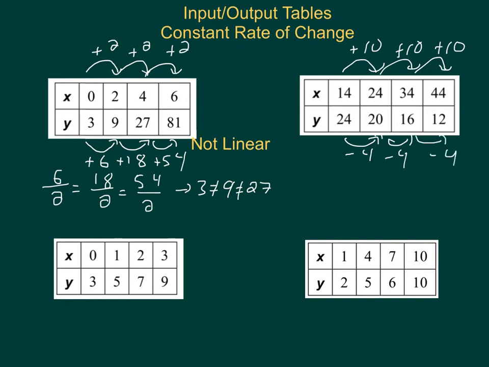So now I want to look at the rates. Again, I take the y over the x. So I'm going to do negative 4 over 10, negative 4 over 10, negative 4 over 10. Are those all the same? Yes, they are. And I could reduce them, but I can already see that they are all the same. Therefore, this table represents a linear function because the rate of change is constant.